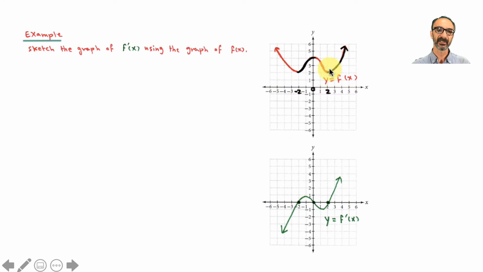Let's take a look at this also from the right side. For example, see this right here? If you are walking on this piece, highlighted in black, you're going up. So your values of derivatives, we're not talking about how far or how much. We're not saying the slope is 1, the slope is 2, the slope is 17.